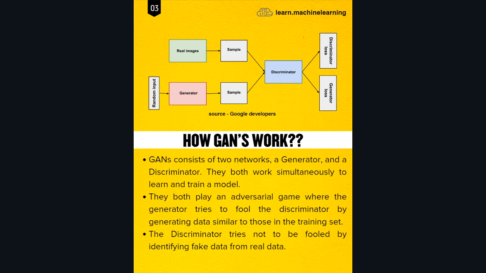It has all the real images, and it does some mathematics behind it to classify whether the sample generated by the generator is fake or not. The generator generates a sample and tries to fool the discriminator that the sample is a true one which came from the real images, but actually it is generated from random noise. So this is how GANs work.